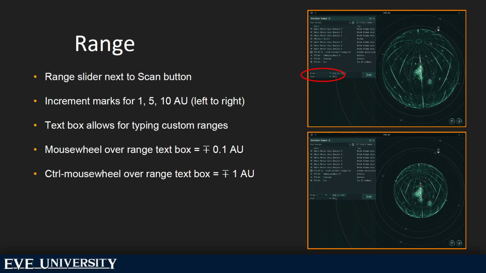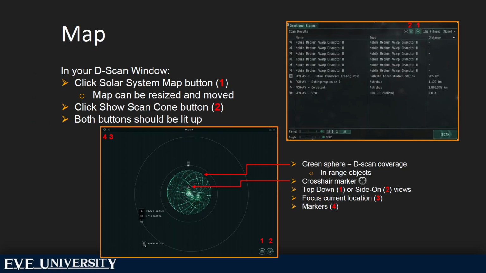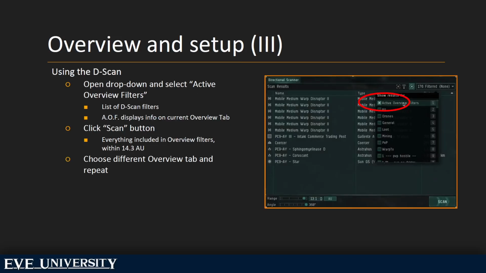I will check the questions very quickly. Can you change overview and D-scan to show different things? Yes, you can. If you want to separate the overview and D-scan, you need to go in the directional scanner filters. This is this part, 176 filtered, none in brackets.